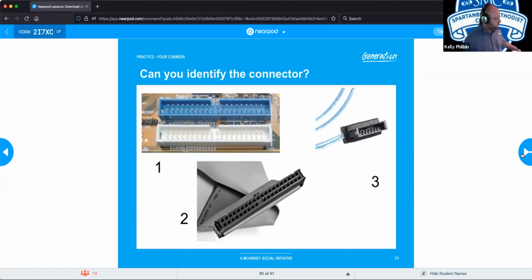Lastly, Mark, can you tell us what number three is? Is that the SATA power connector? Not power. Oh, I'm sorry. So SATA data connector. Yes. Can we be more specific?